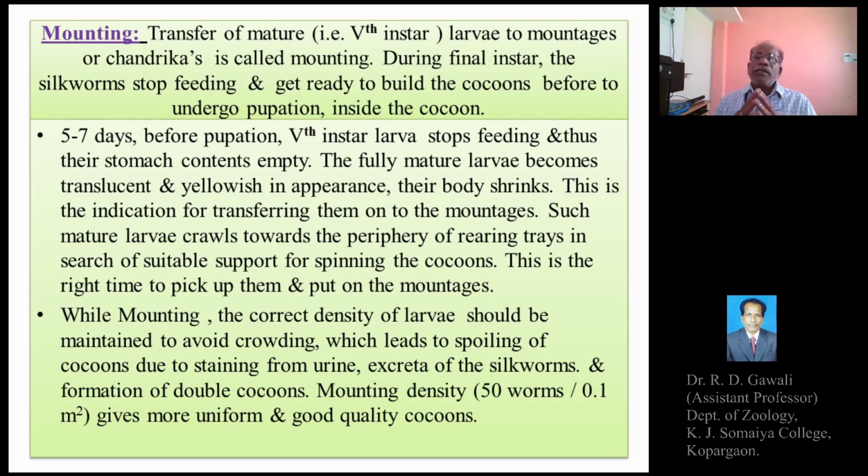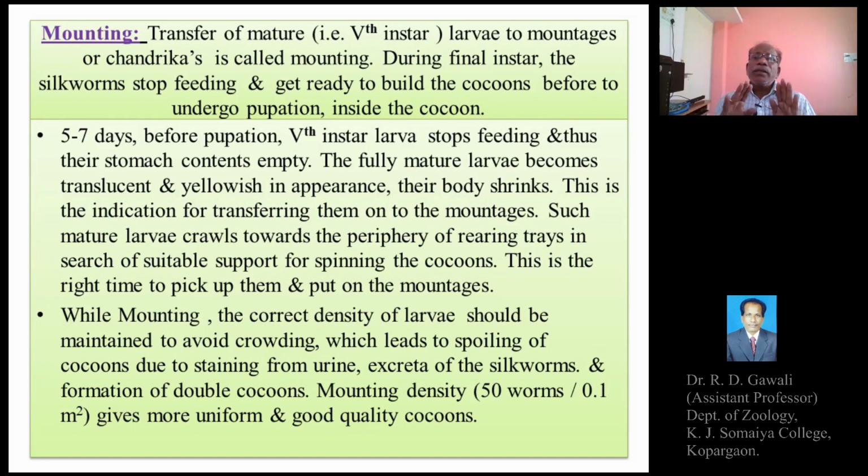So the mounting density in the mountage should be 50 worms per 0.1 square meter area, and this density, that is 50 silkworms per 0.1 square meter area, gives more uniform and good quality cocoons. So this is the process of mounting.